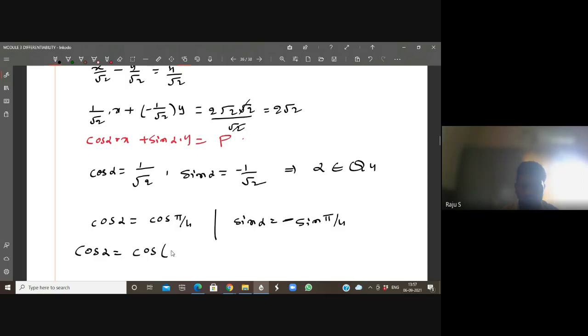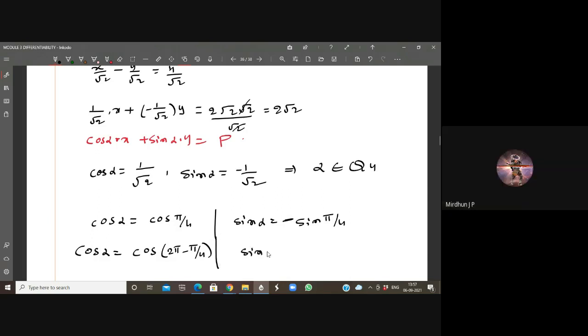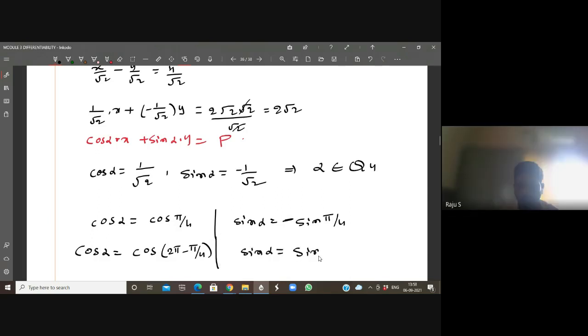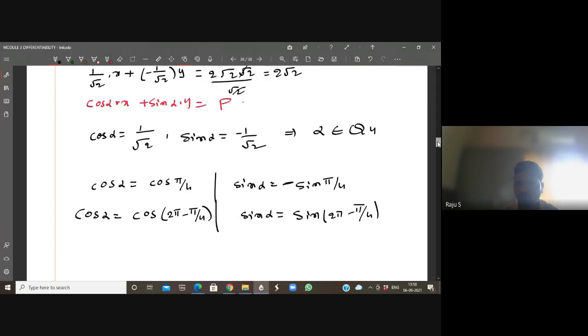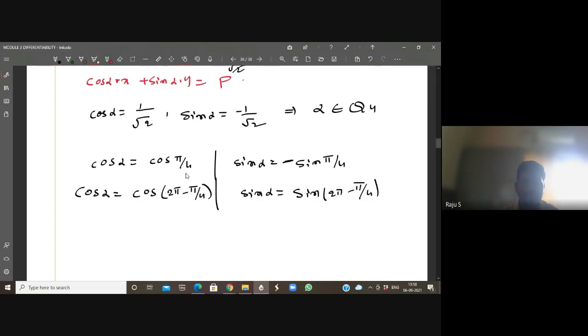Shall I write cos of 360 minus theta? What is it, friends? Cos theta. But what about sin of 360 minus theta? Minus sin theta. Now look here: theta will be the same in both cases. Alpha is the same.